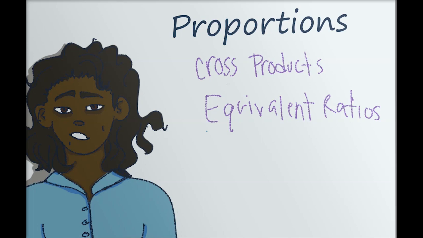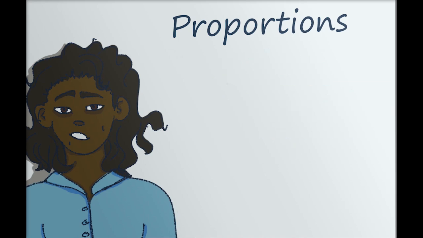There are many different ways for you to solve proportions, but two that I really think you should know are cross products and equivalent ratios. Let's get started on cross products. For cross products, what you'd want to do is multiply across the equal sign.